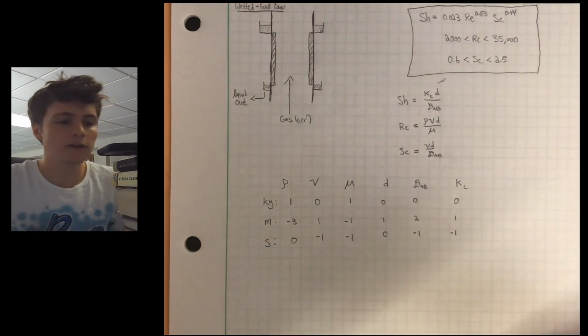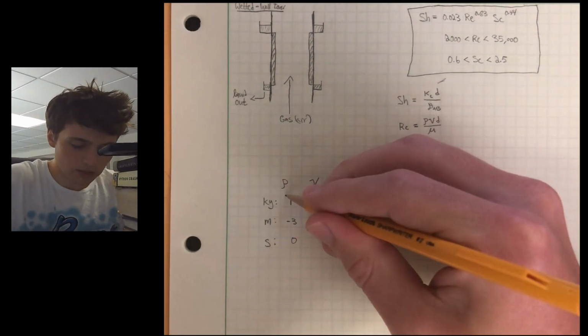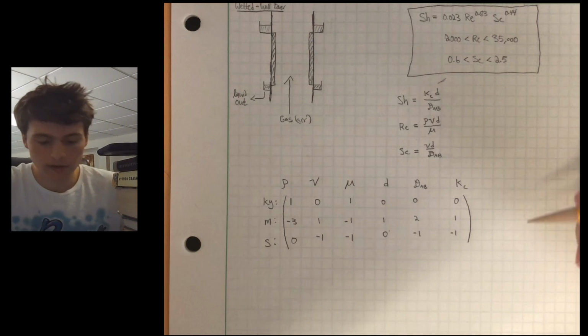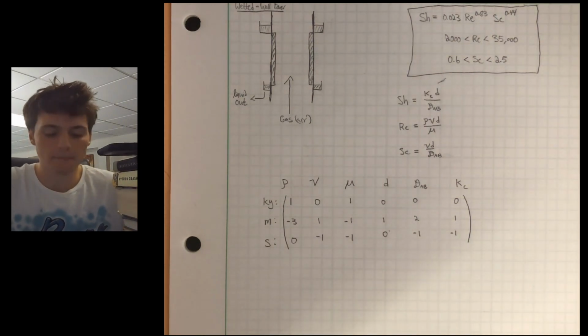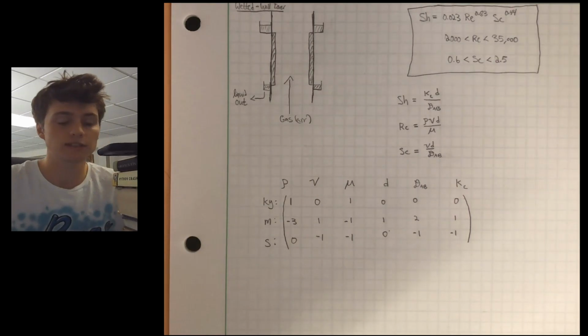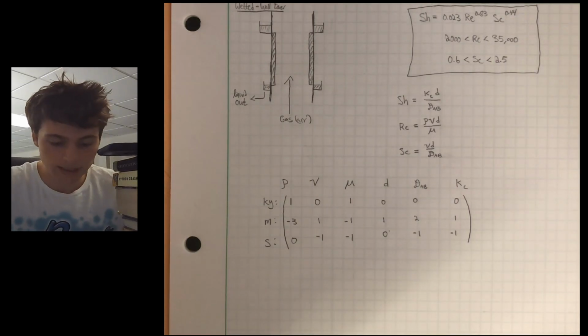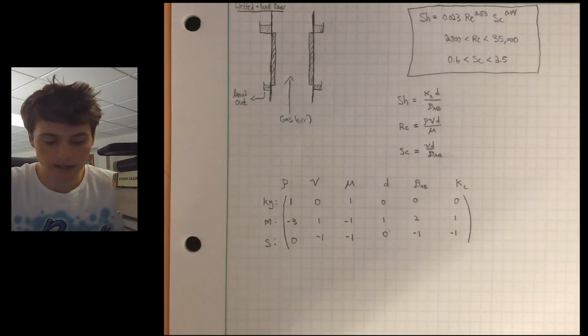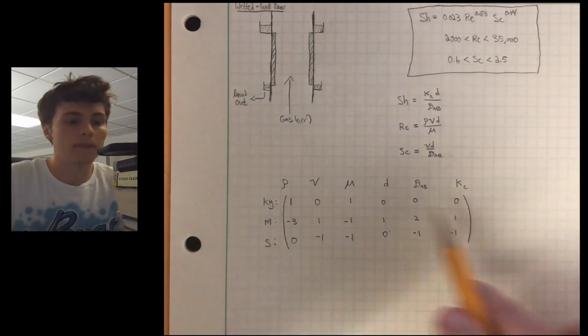And so what we have here is called the dimensional matrix for our problem. There's a theorem called the Buckingham pi theorem that says the number of dimensionless groups that you need to describe a situation is equal to the number of variables minus the rank of the dimensional matrix.